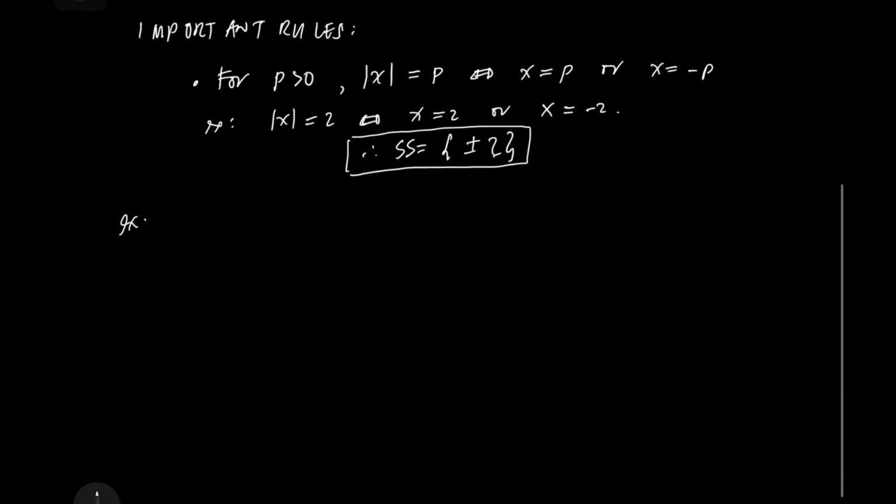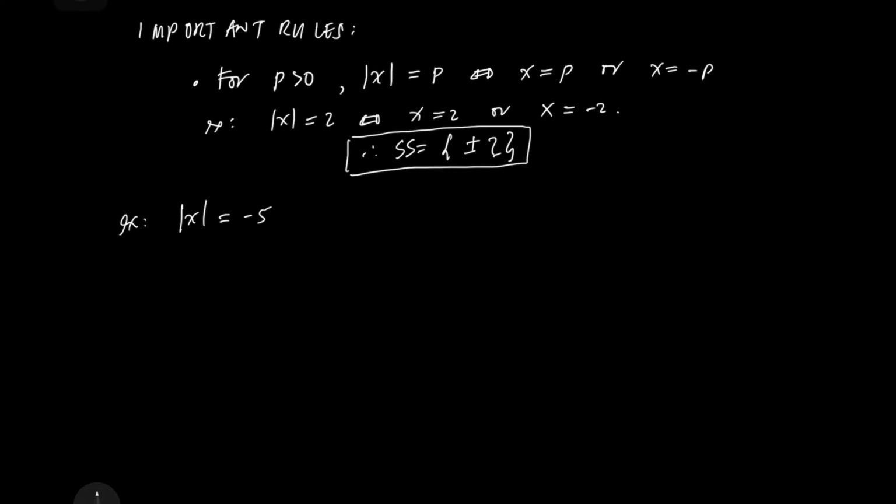Another example. What is the absolute value of x equals negative 5? Now, as we mentioned a while ago, the absolute value will give something positive.